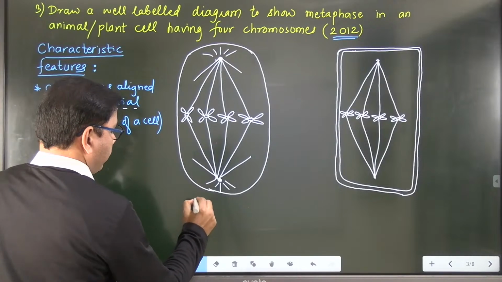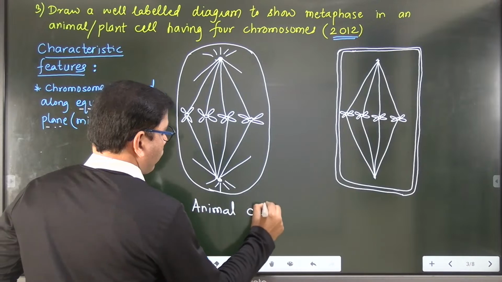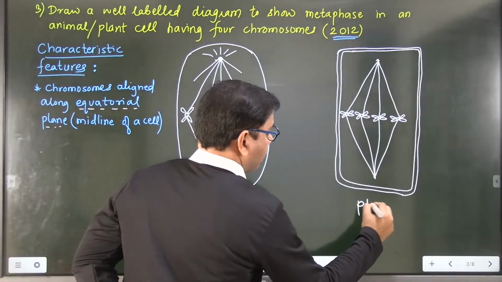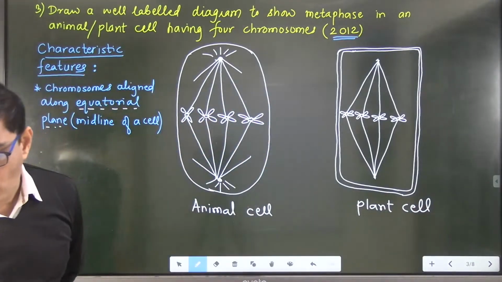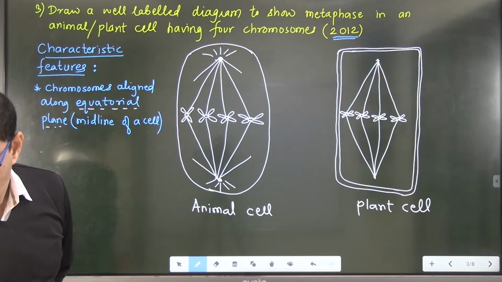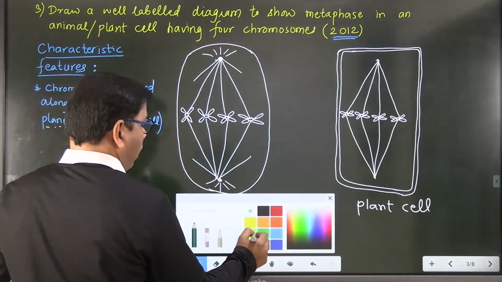This is what? Animal cell. This is plant cell. All right, any doubt? Let us start labeling now.